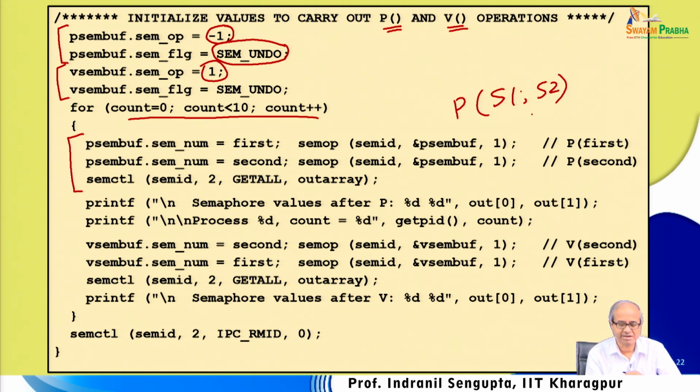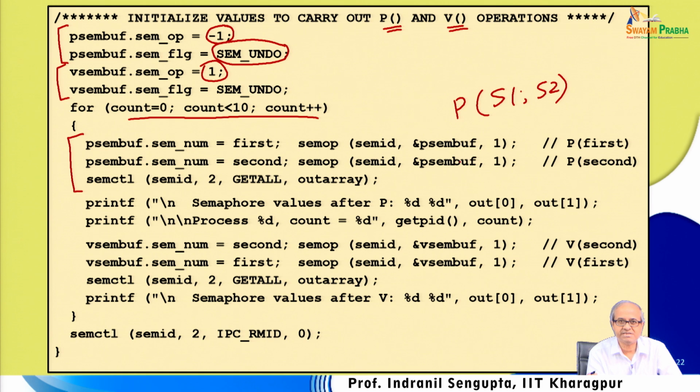Just see how you are doing it. PSEMBUF dot sem_num, semaphore number first, then a semaphore operation with SEMID and PSEMBUF, 1. Then sem_num second, and a semaphore operation with SEMID and PSEMBUF, 1. This SEMOP will define the operation that we are trying to do.